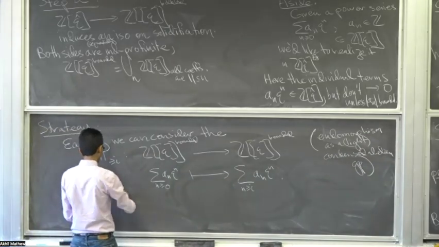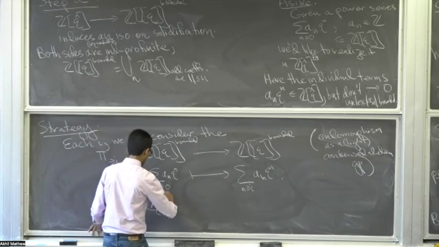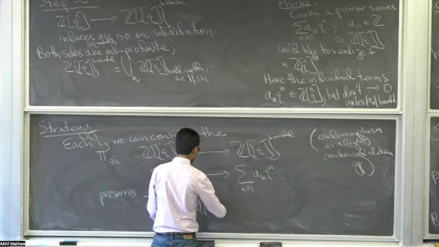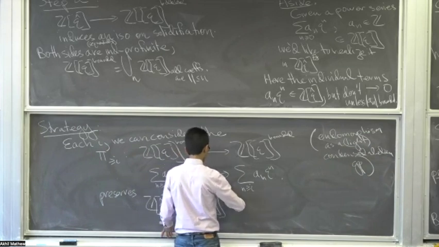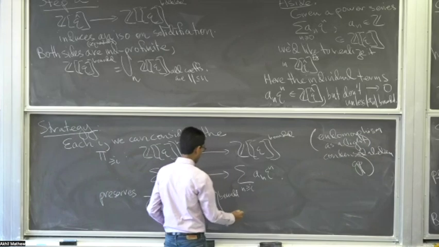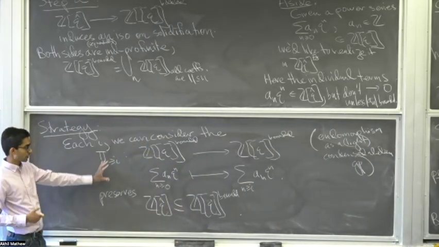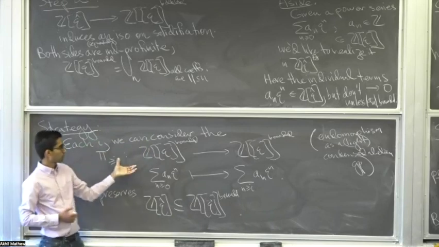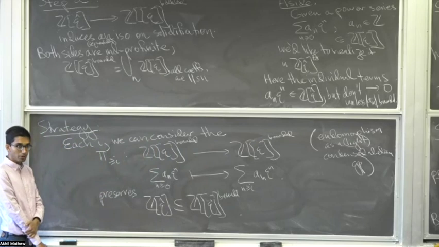So it preserves C brackets q hat sitting inside C double brackets q hat. So it preserves the polynomials. Again, these are really just operations in the classical world of sequences, or systems, of profinite sets.